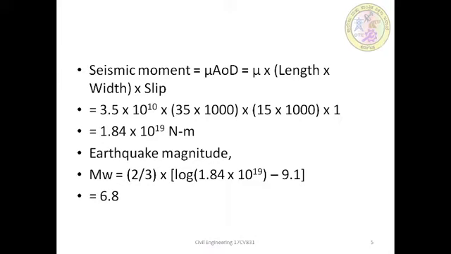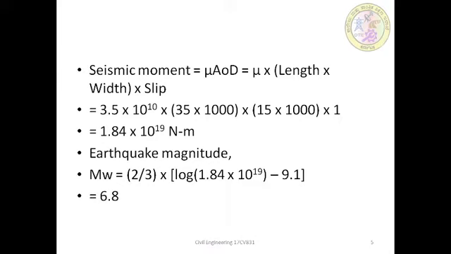But we need to calculate the earthquake magnitude, and the earthquake magnitude MW is two-thirds of log of the seismic moment M naught minus 10.7. You just substitute the M naught value as 1.84 into 10 raised to 19, and now the earthquake magnitude works out to 6.8.